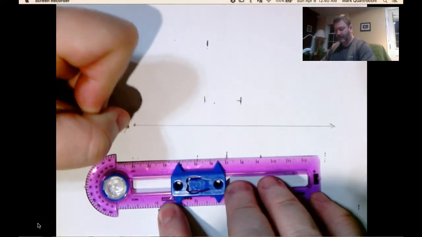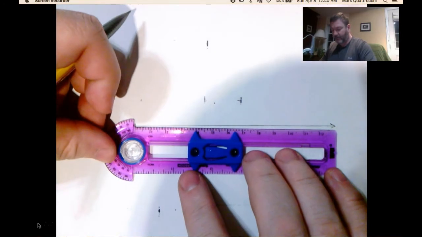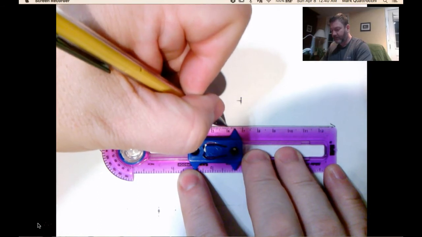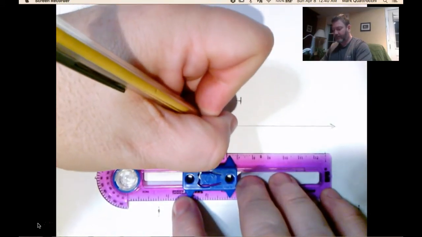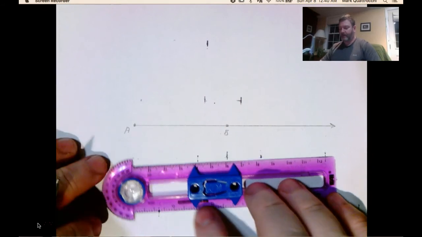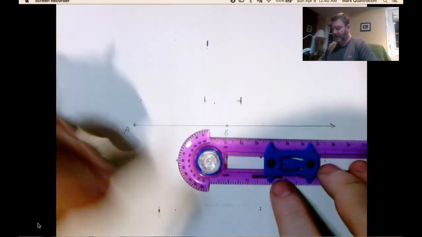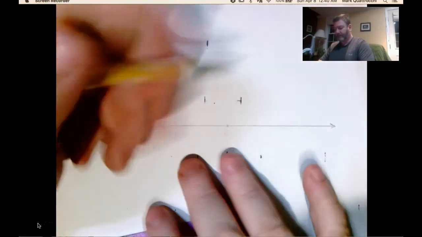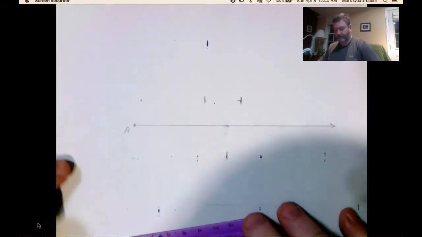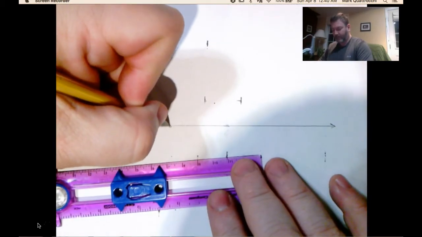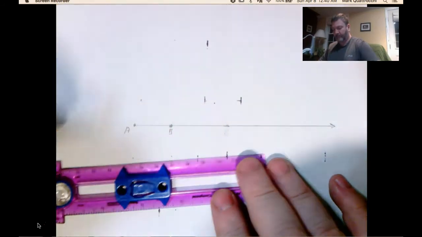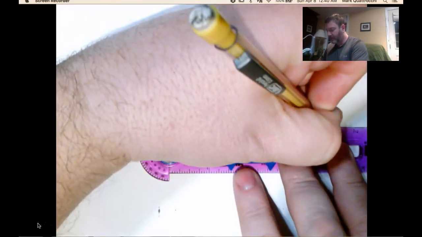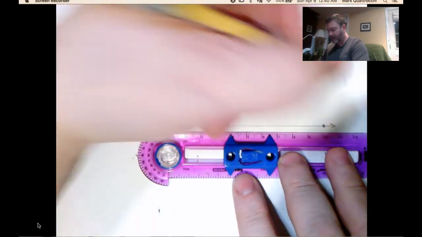So here's A, and let me illustrate AB being less than 10 centimeters. Here's B. Now, how many points are 10 centimeters away from B? Actually, I'm going to make it smaller. Let's put B over here. 10 centimeters away from B is right here.